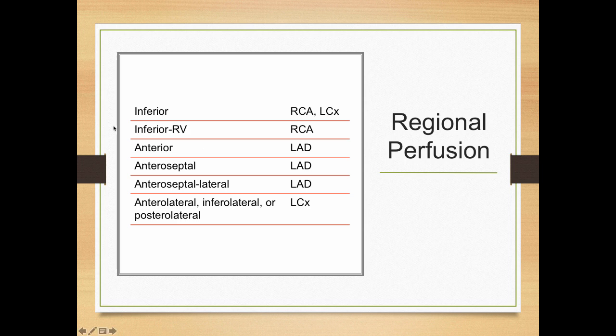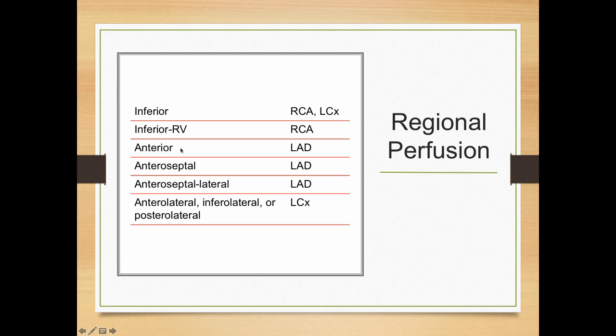In that inferior region, usually the RCA, the right coronary artery, for most people. Sometimes it's the left circumflex, the LCX, but our inferior, usually the right coronary artery, the RCA. And that's why we always do a right-sided 12 lead when you see an inferior STEMI, right? We're always going to do a right-sided.